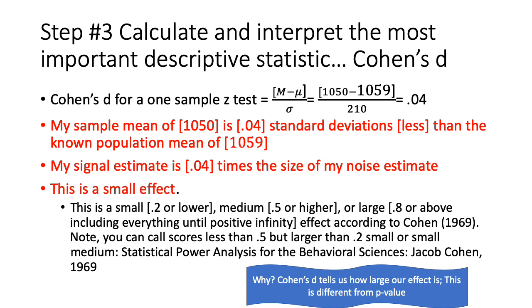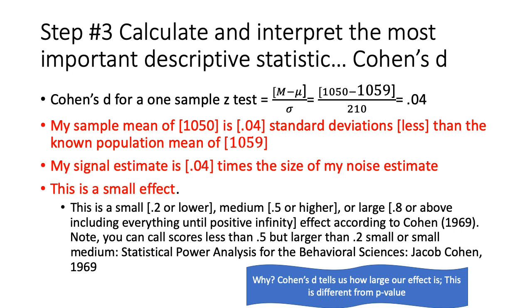That is 9 divided by 210, and that is 0.04. So I know that my sample mean of 1050 is just a tiny, minuscule 0.04 standard deviations less than the known population mean of 1059.